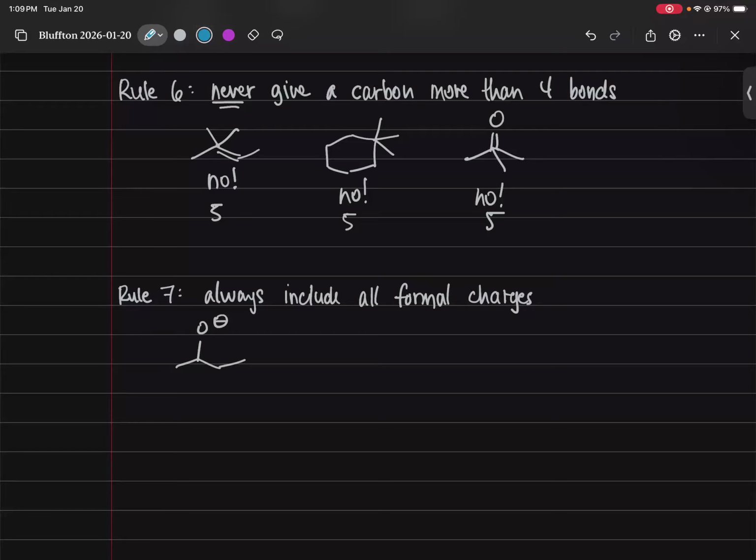But particularly for things that are charged, it's not bad practice to draw them in. And also, if you're trying to figure out whether this has a formal charge or not, of course, eventually you'll just look at it and know. But if you're not sure, oxygen should have 6 valence electrons because it's in group 6. Here it's got 1, 2, 3, 4, 5, 6 from the lone pairs, 7 from that bond. So it's got an extra electron. Electrons are negative, so it has a negative formal charge.